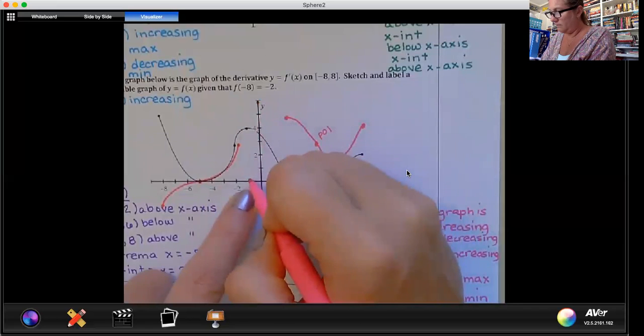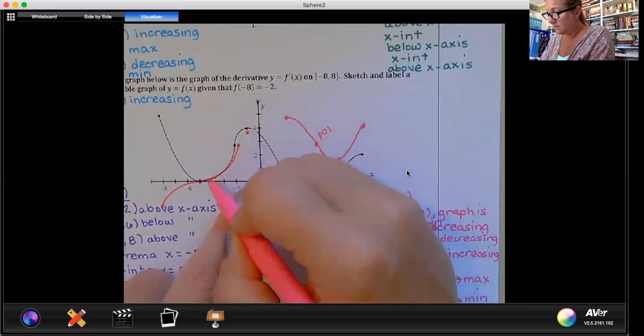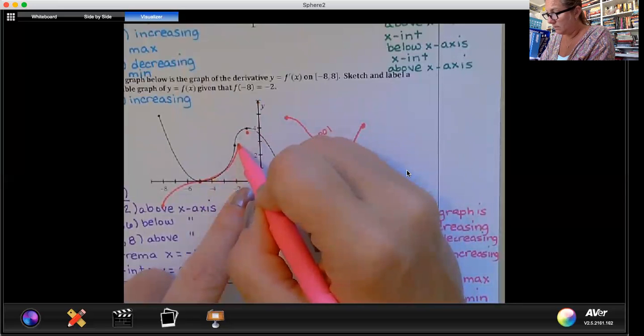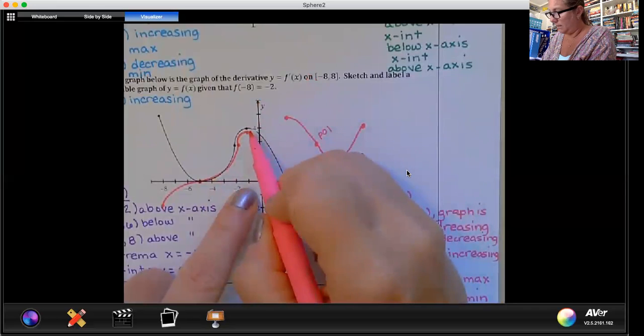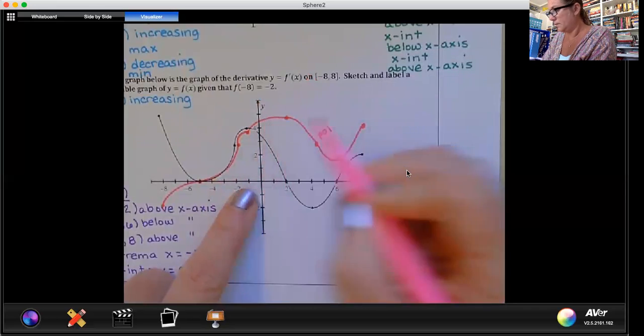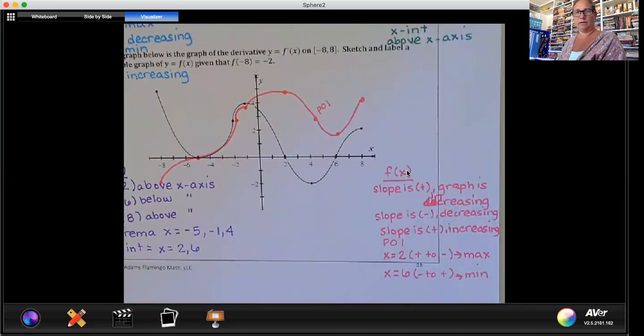We have a point of inflection at 1. And remember, we're continuing to increase. So if this is concave up, we're going to concave down, and then we're going to hit our maximum. Just kind of a weird graph there. And again, that's not the only one that you can have.